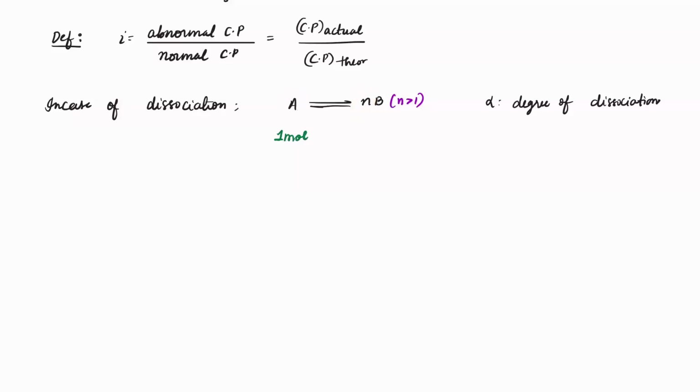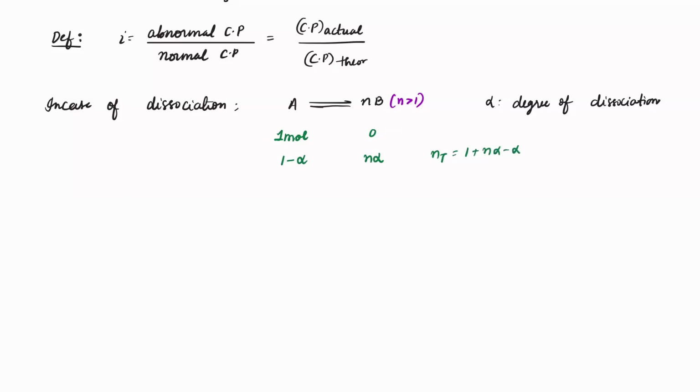So that means it is getting dissociated. Out of this 1 mole, after some time, let's say alpha amount has been dissociated. Then this will become n alpha, everybody. So now the total number of moles is 1 plus n alpha minus alpha.